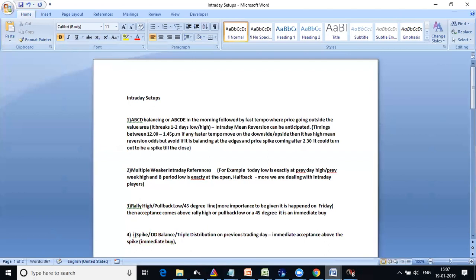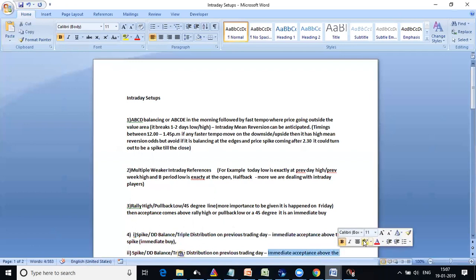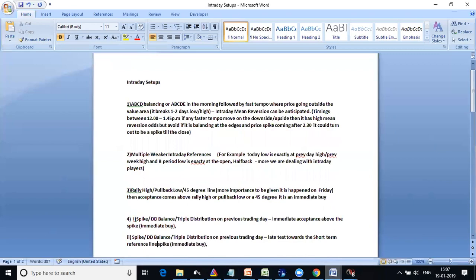And 4-2: you got a spike distribution and you're seeing a late test towards the short-term reference line, then expect rejection.